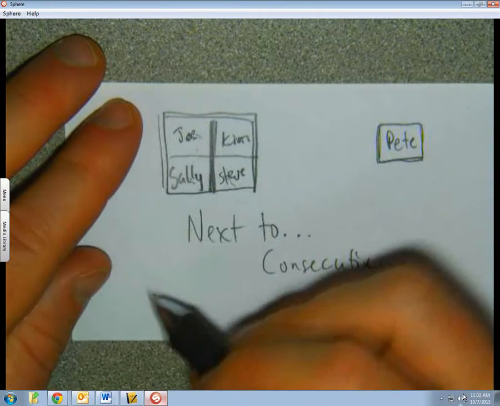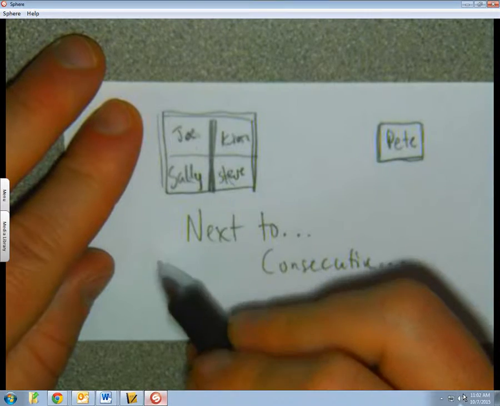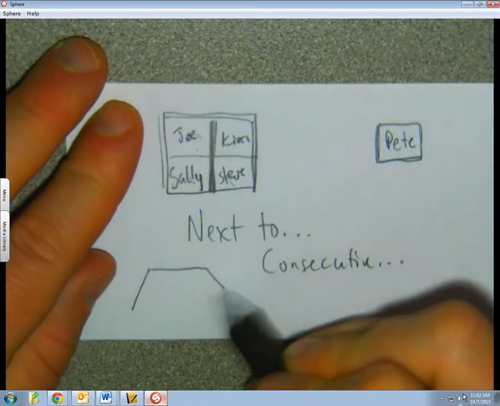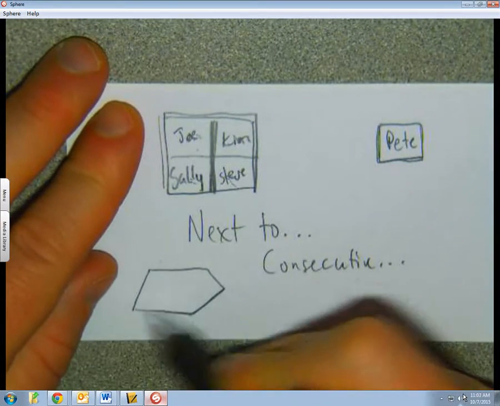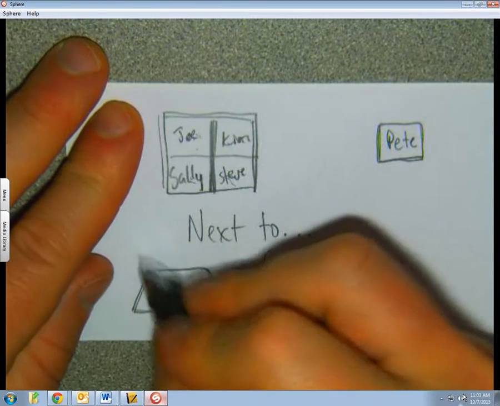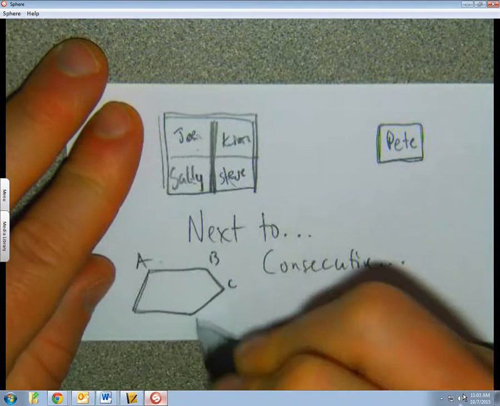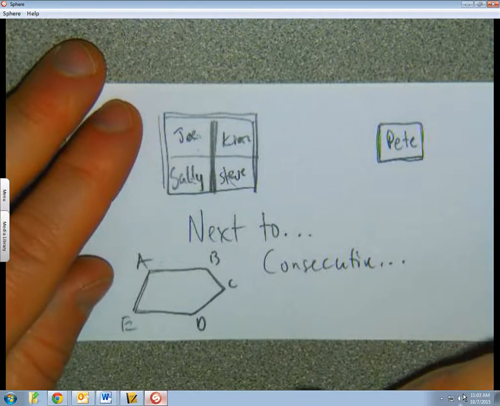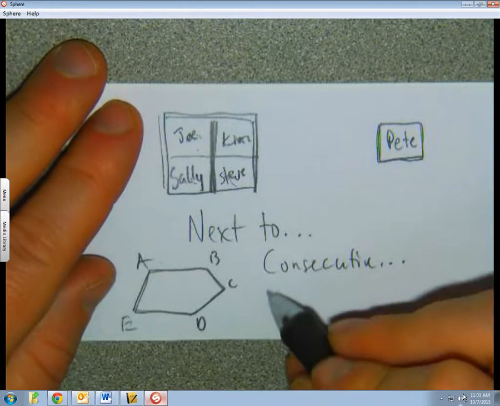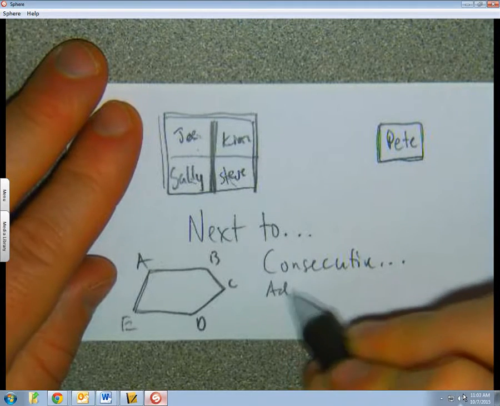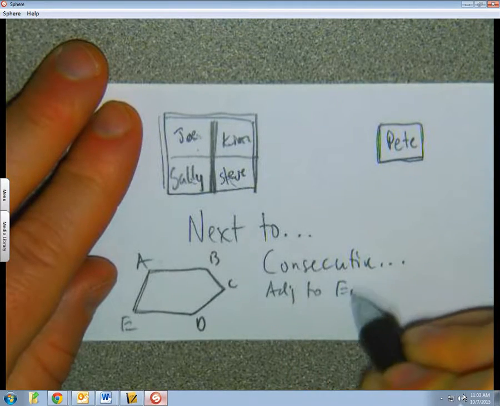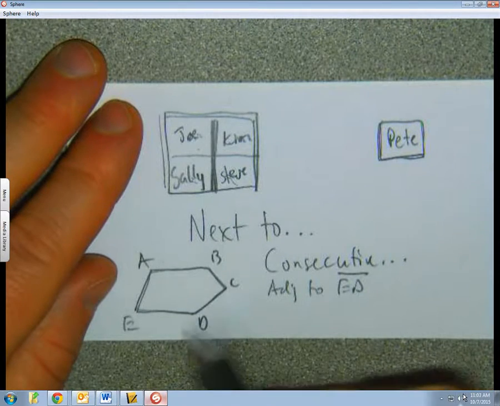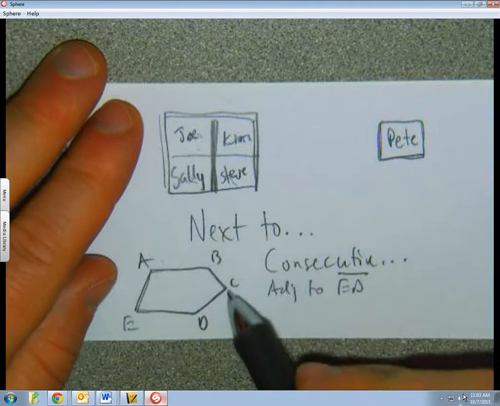Okay, so if we had something like this, A, B, C, D, E, and then we want sides adjacent to ED. Sides adjacent to ED would be AE and CD.